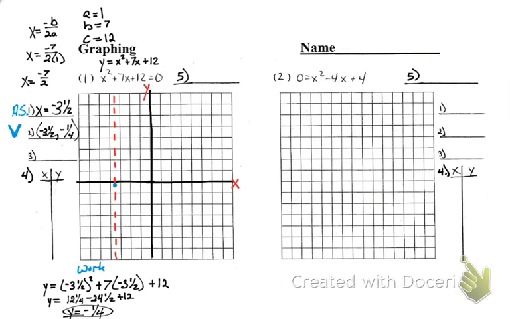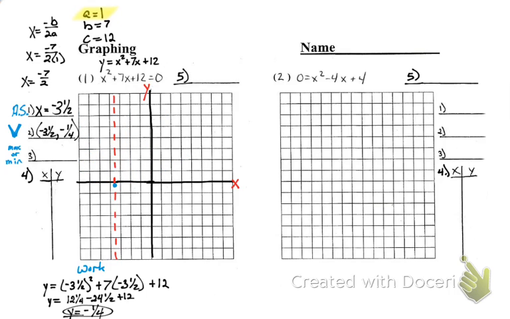There's your vertex. Step 3 is determining whether that vertex is a max or min. And again, that is all based on your a value. So up here, my a value is a positive 1. Positive 1 tells me that the parabola is going to open up. Again, I don't know how wide or how narrow.